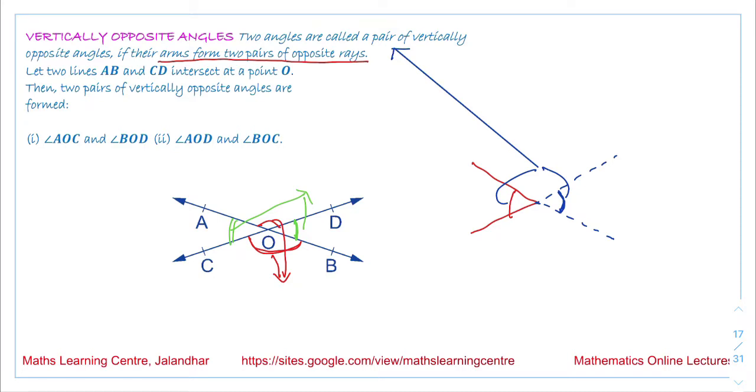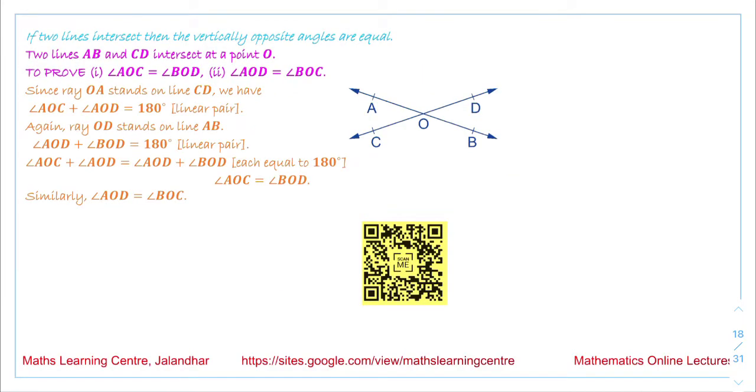Now the next theorem we have to prove is: if two lines intersect, then vertically opposite angles are equal. What is given to us is that two lines AB and CD intersect at point O. This is one line AB and this is another line CD.